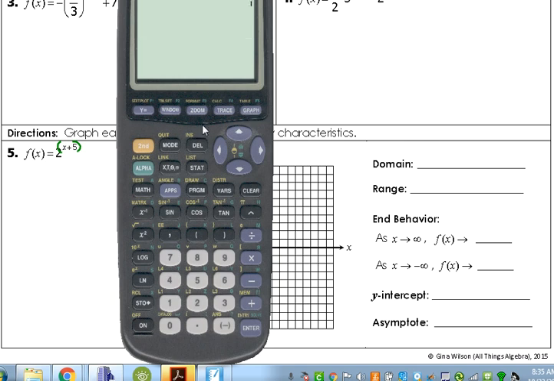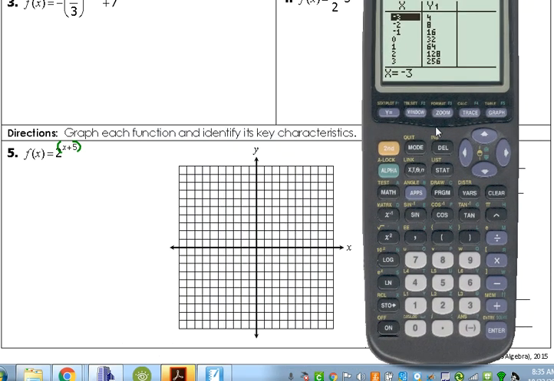So let's go to the table to get some specific points here. -3, 4. -2, 8. -1, 16 is off the charts, so I'm going to go a little bit further left. -4, 2. -5, 1.